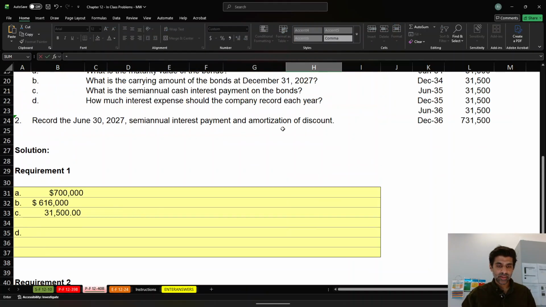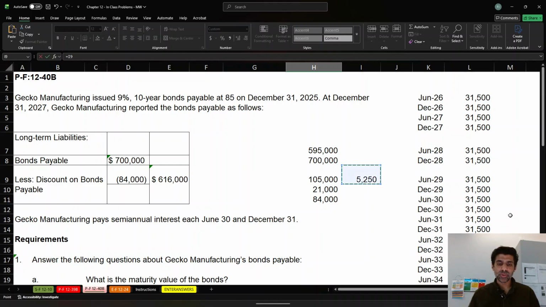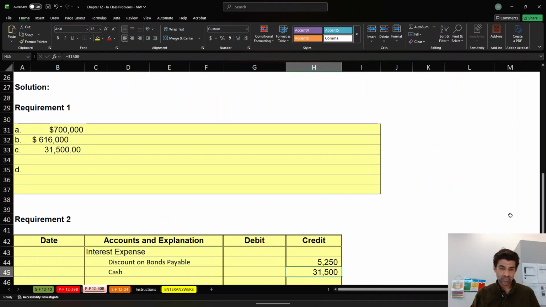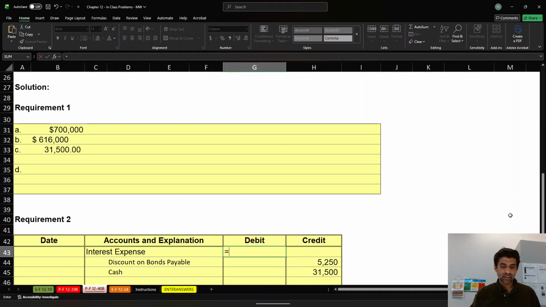We just calculated it. It's equal to 5,200, which is the starting discount, which is why we had to figure out what the issuance looked like, divided by 20, because there's 20 payments. Sorry, this is a debit. No, it's a credit. Yes. Okay. So our interest expense is the sum of these two.